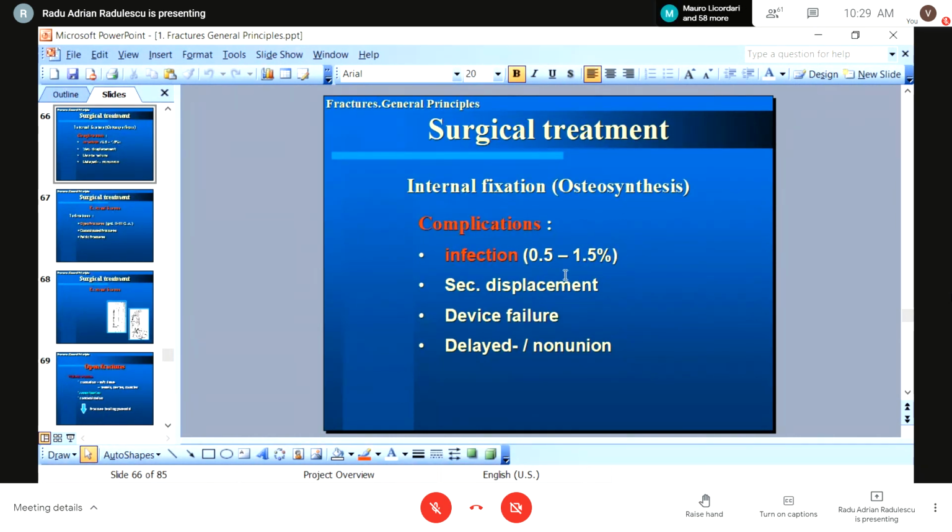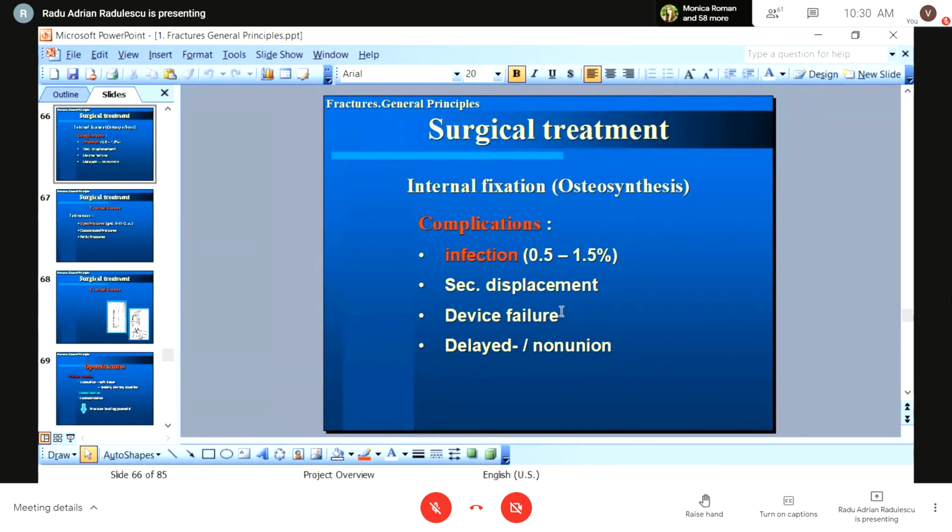There are many factors that may influence the infection rate, but mainly they are around 1%. Other complications may be secondary displacement, device failure, usually a late complication, occurring a time after fixation, when the patient starts weight bearing.